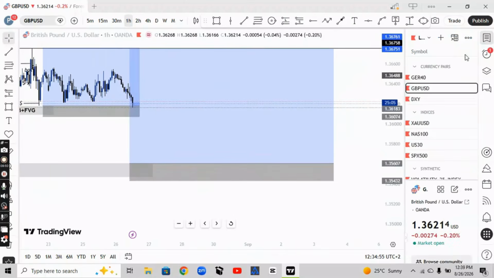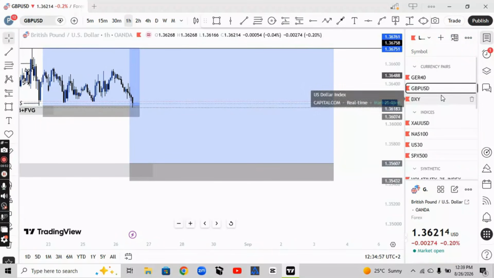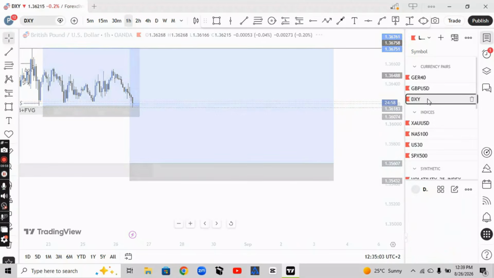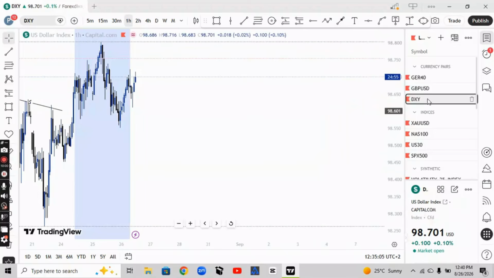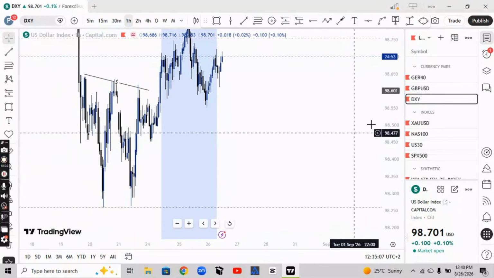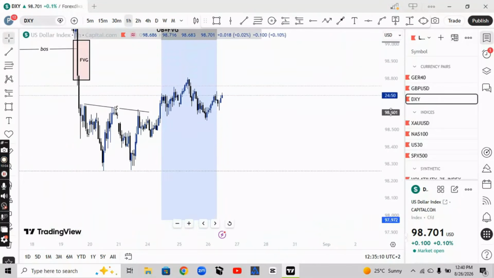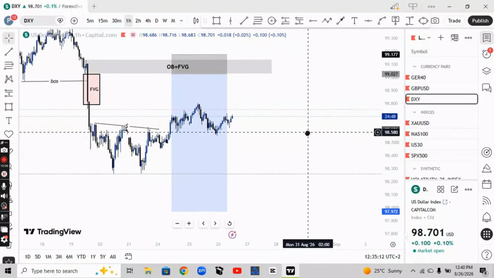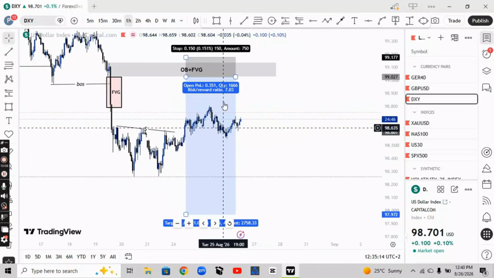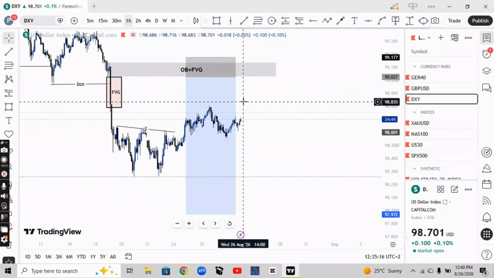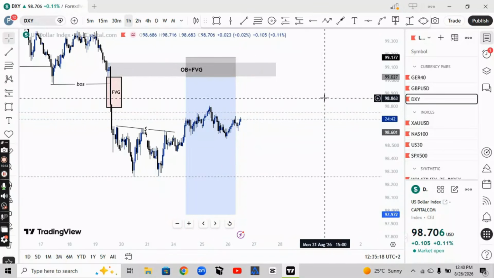And did we do DXY? I'm not sure. So this was a setup on DXY, this level here, and it hasn't triggered yet.